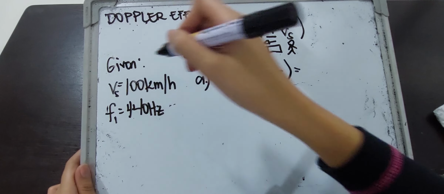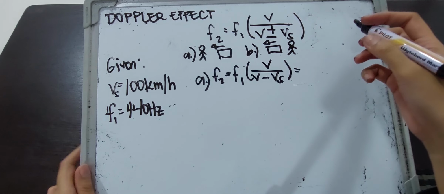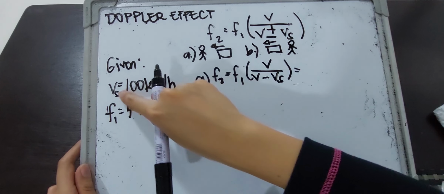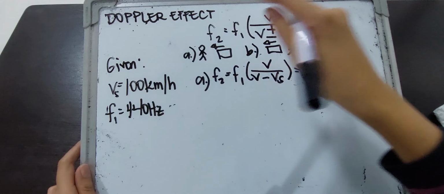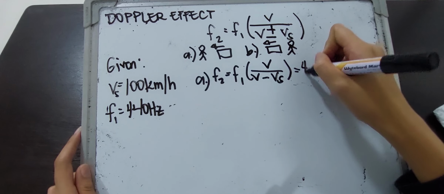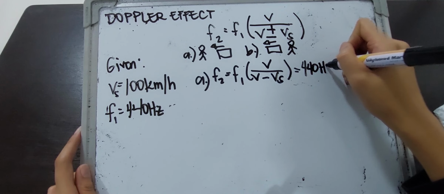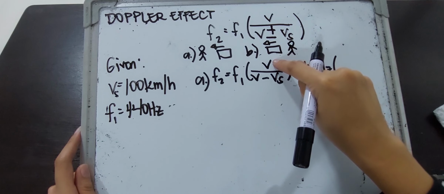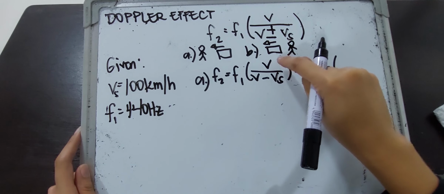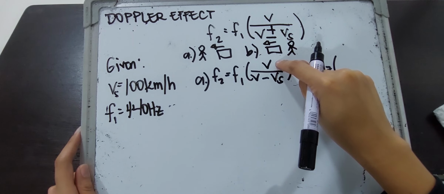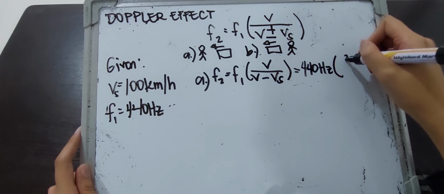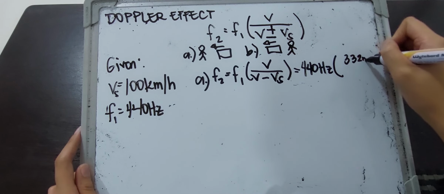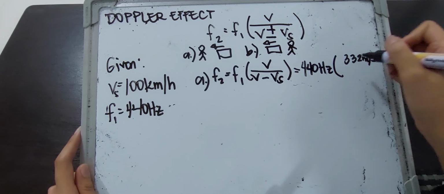Ito ay yung speed ng ating car or nung source, V sub S, S for source. So, we have 440 Hz times, ano nga ulit yung V? So, ang ating constant speed of sound if the temperature is 0 degrees Celsius and the atmospheric pressure is constant and normal is 332 meters per second.